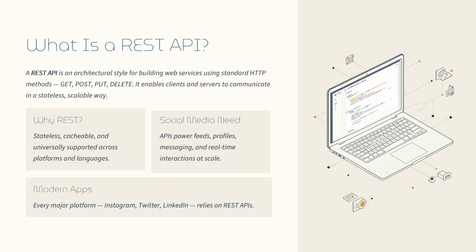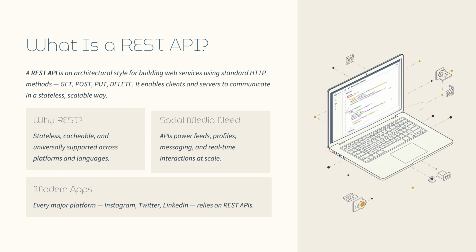What is a REST API? A REST API is a standard way for applications to communicate over the internet using HTTP methods like GET, POST, PUT and DELETE. REST APIs are widely used because they are lightweight, scalable and platform independent.